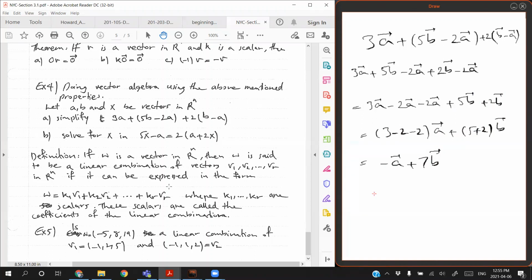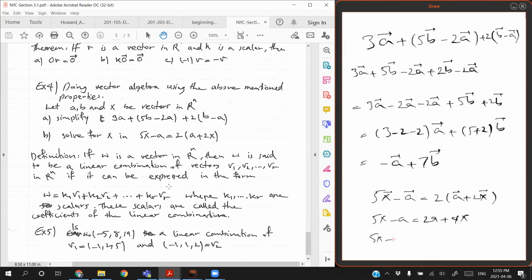Or you can solve an equation like this. You have 5x, and x is a vector, minus a is 2 times a plus 2x. So these are all vectors. The a and the x are vectors. And it's like solving a linear equation. That is 5x minus a is equal to 2a plus 4x.